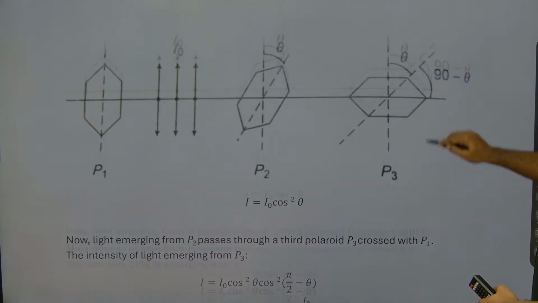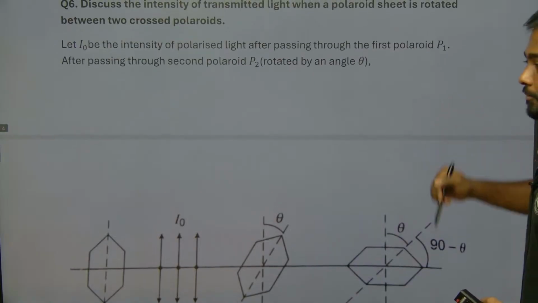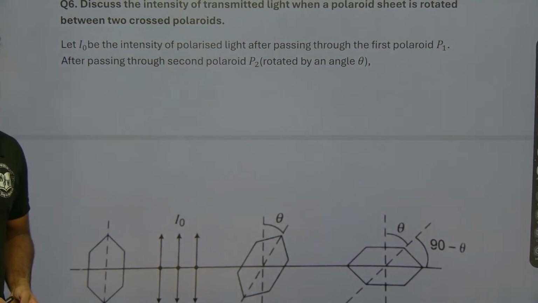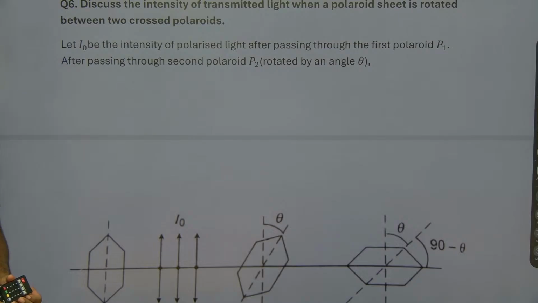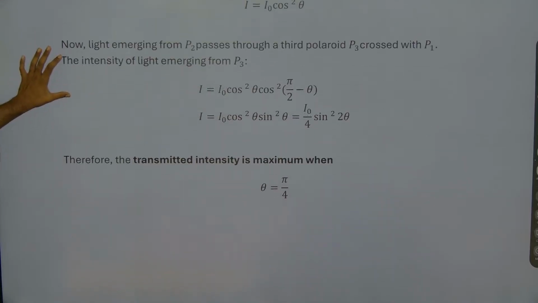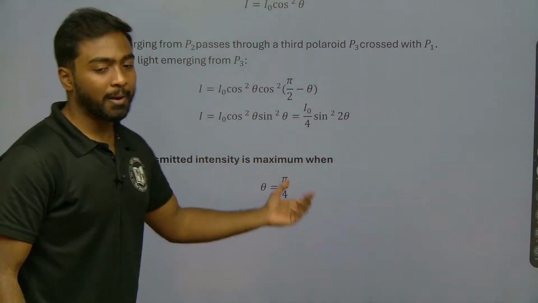So this is the answer for the last question of the class. You can take a note of this. It is maximum at theta equal to 45 degrees, or you can mention pi by 4.